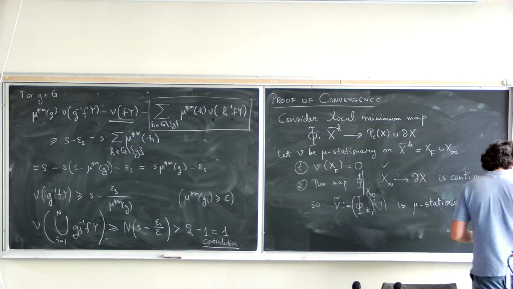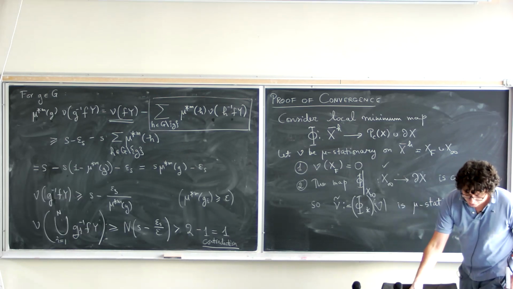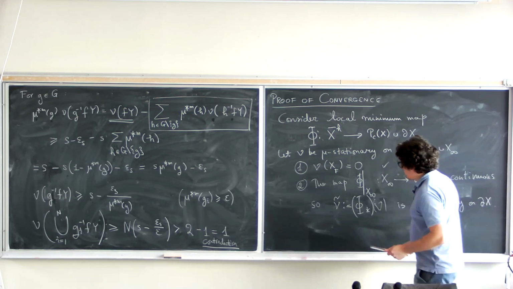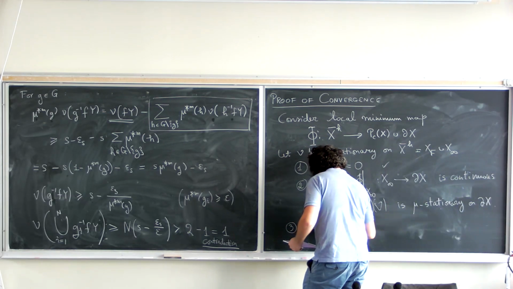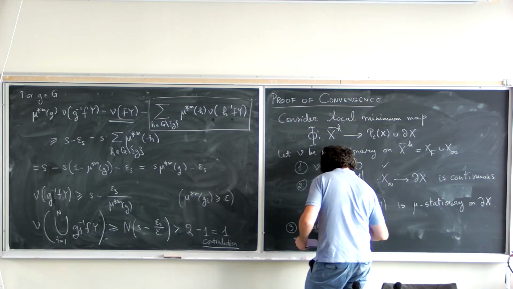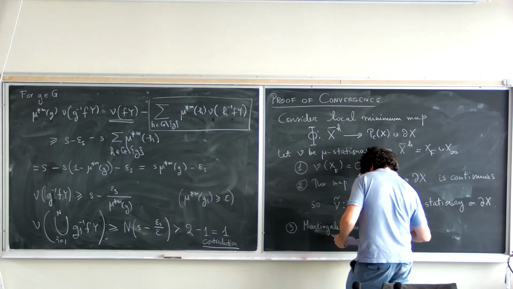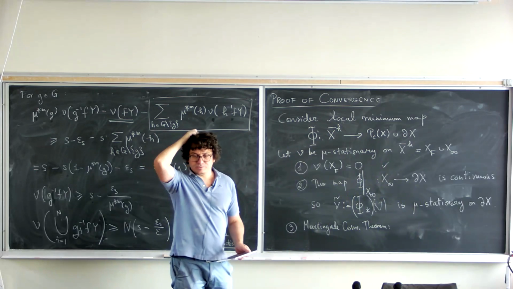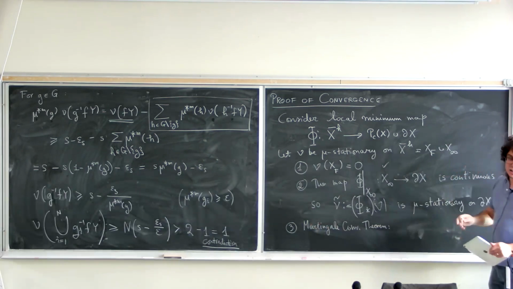Now the proof is somewhat similar. It's not completely the same, but I think we will gloss over the differences. Then we have a martingale convergence theorem. Again, we have to do it in the compact space, so we look at the usual compact and metrizable space.